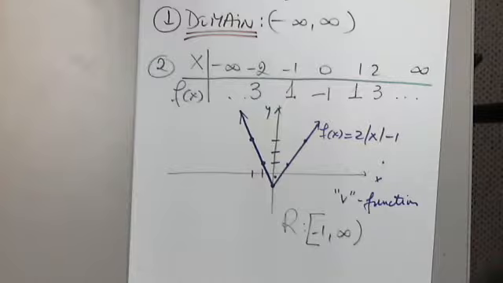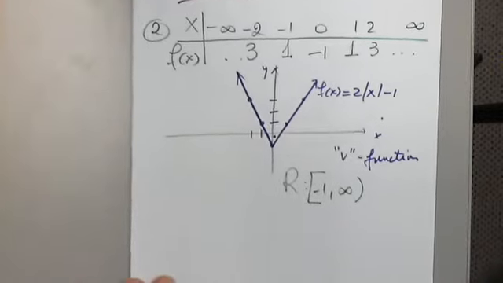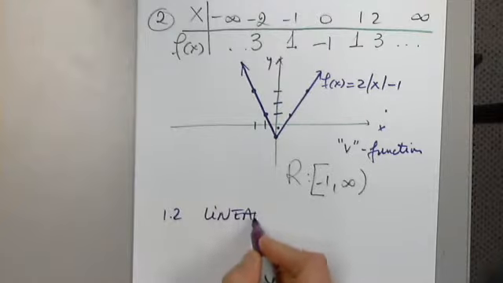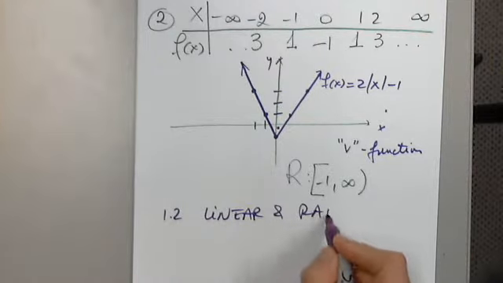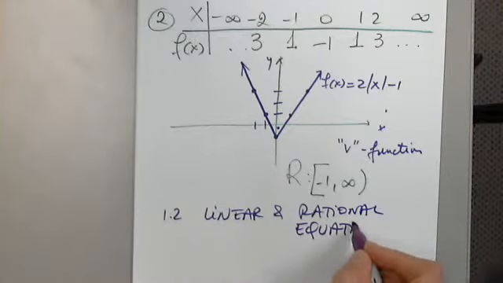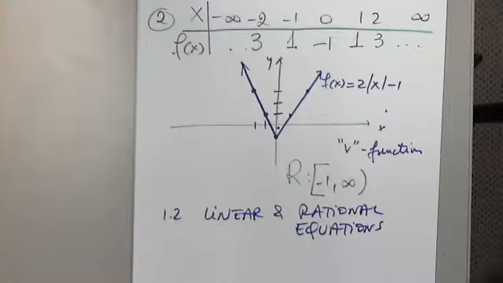Now let's move on to the next section, which is 1.2, linear and rational equations.